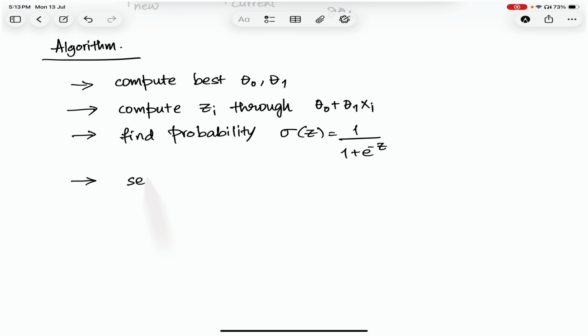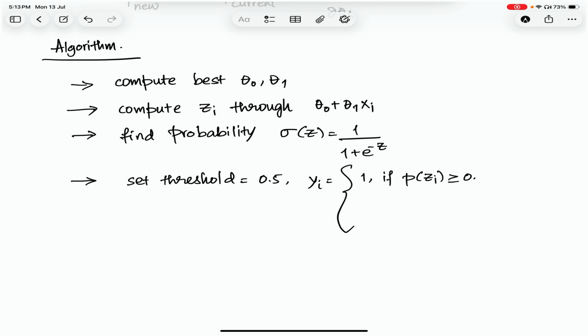And then let's say we'll be setting a threshold for the probability to be 0.5, and output y of i will be 1 if p of x of i, or in this case z of i, is greater than or equal to the set threshold, or it's simply 0 if p of zi is less than threshold.